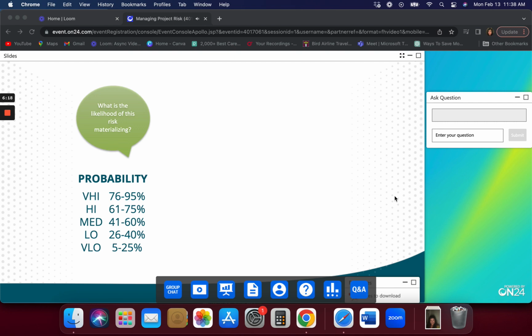Well, what we do under probability is we might agree that we can assign a percentage probability. And we might agree that if something is less than 5% of likelihood, then we'll treat it as irrelevant, not possible. And if it's more than 95% likely that it'll happen, then we will treat it as if it has happened, and we'll put our contingencies or our emergency plan in place.